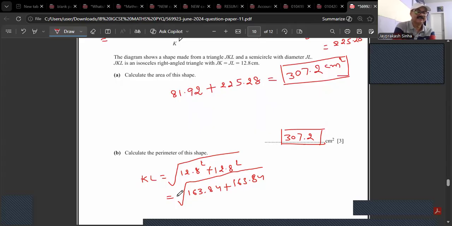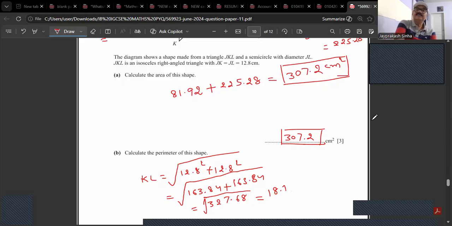Take the square root of that. The square root of 327.68 gives 18.10, means 18.1 you can take.